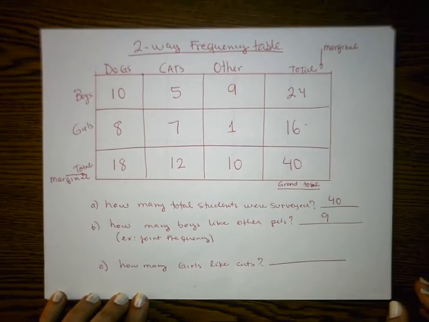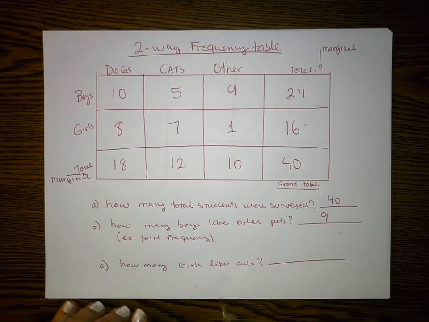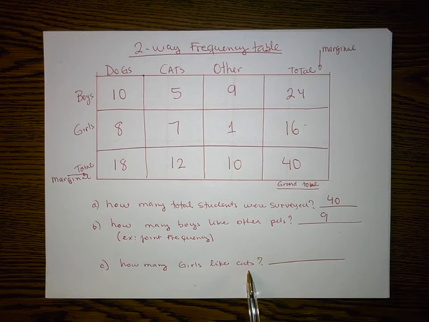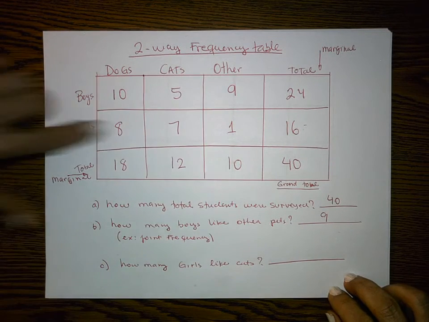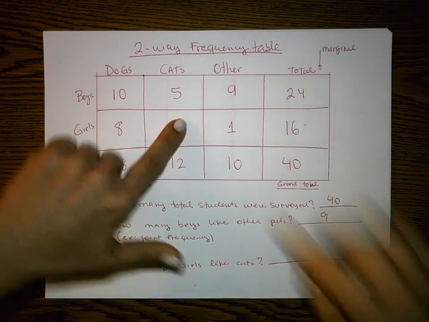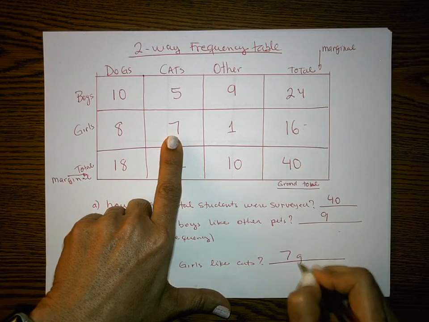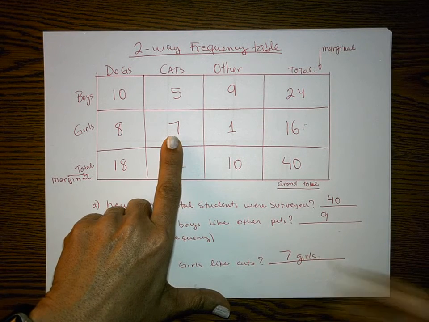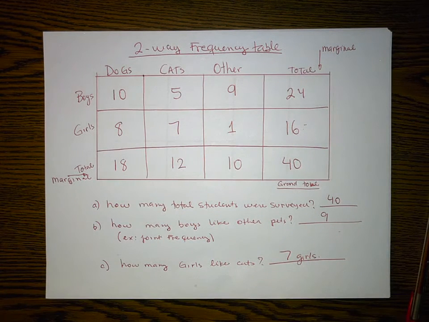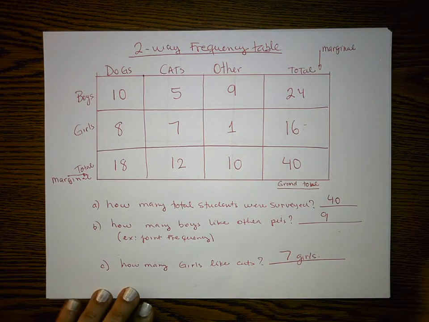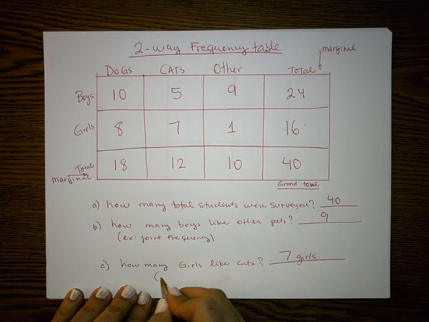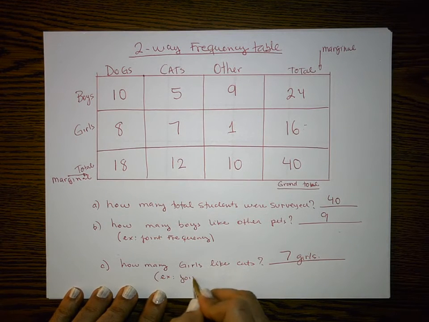How many girls like cats? So that is a joint. I need girls and cats. So girls, right here, those are my girls, but only the joint with cats. So that would be 7. 7 girls like cats. And those are simple examples of joint frequency. Again, this is an example of joint frequency.